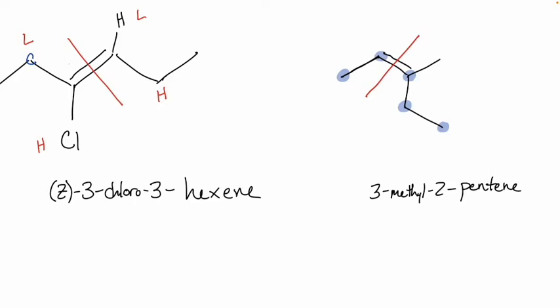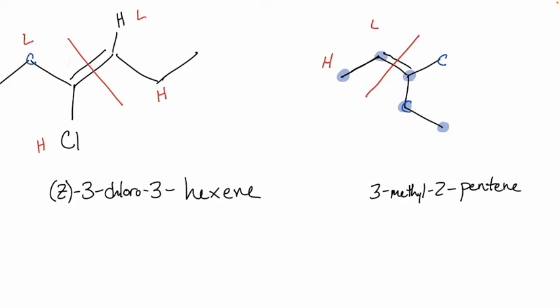Looking on the left side, what's my low priority group? That implicit hydrogen means that that carbon's the high priority group. On my right side, this is a situation where I have a tie, because I'm looking at this carbon and this carbon. Those have the same atomic number. So I have to list who they're bound to, to break the tie.